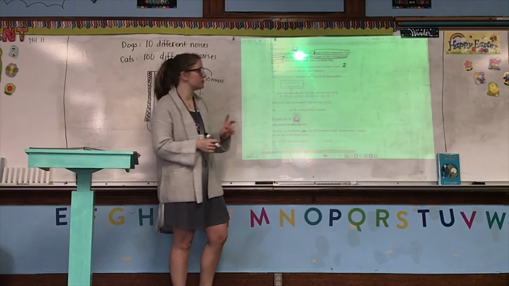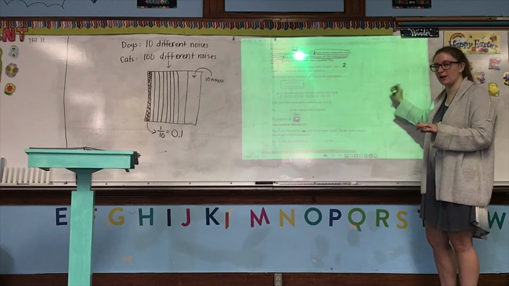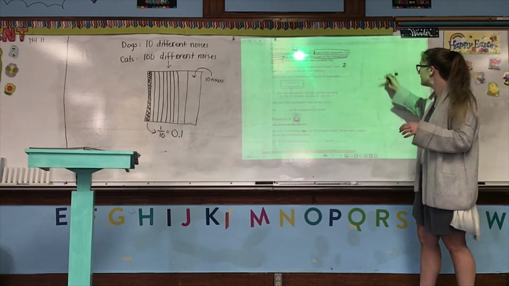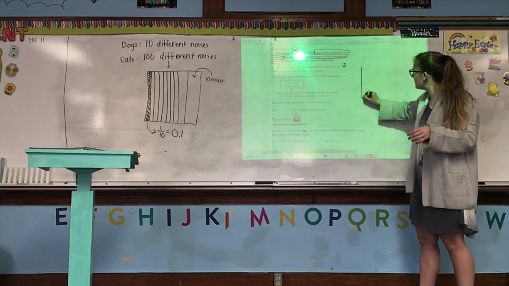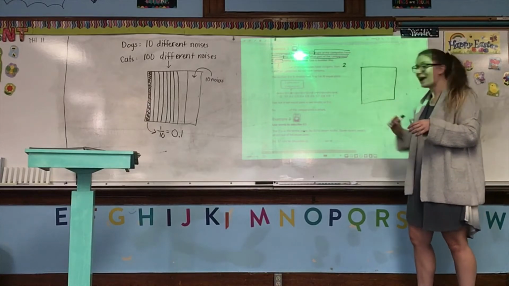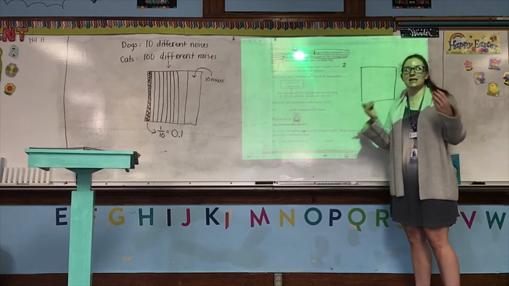So what I want you to do is you have lots of space over here. Come over here and I want you to draw a grid model. So make sure you're trying to be as neat as possible, okay? You can make it pretty big. So first we're going to draw a big square. And then we're going to break it into 10 equal pieces, or 10 as equal as possible.